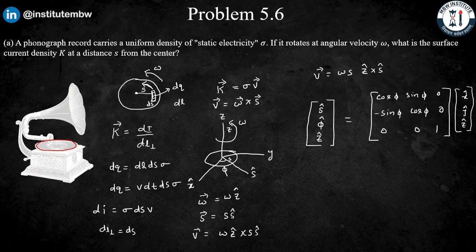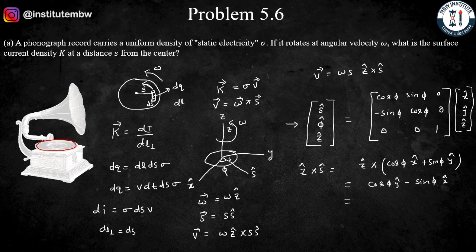If we want to find out z cap cross s cap, then z cap cross s cap is z cap cross cos phi x cap plus sin phi y cap. After solving, it will be cos phi y cap minus sin phi x cap. From this we can see phi cap is the same as we got, so it will be phi cap.